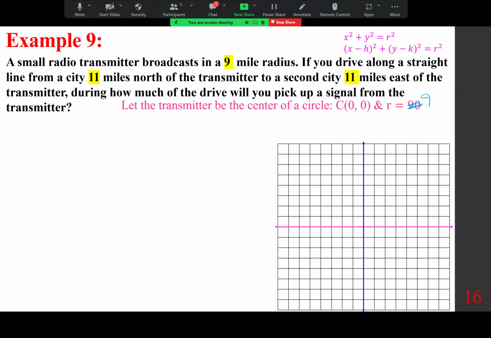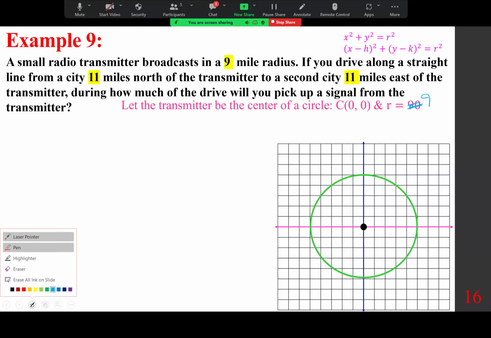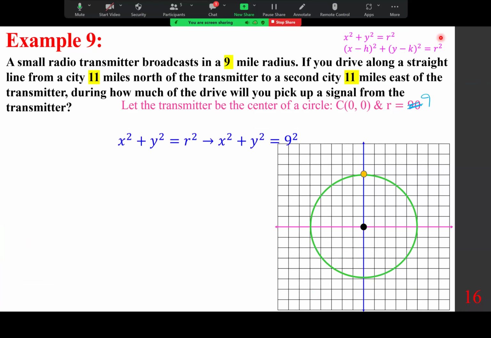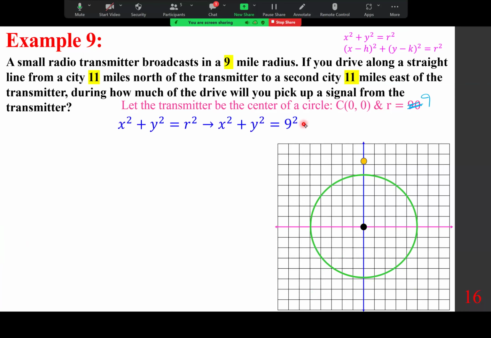So that's what we have. Here's the center. We set it up at 0, 0. And then x squared plus y squared equals r squared makes it x squared plus y squared equals 9 squared. Now, you drive along a straight line and from a city 11 miles north.